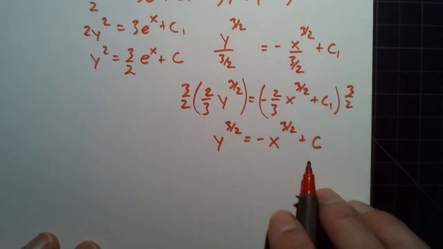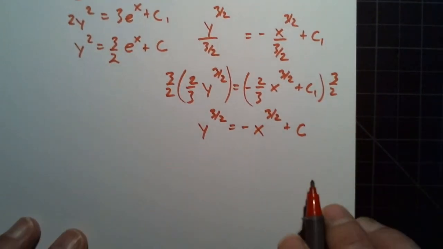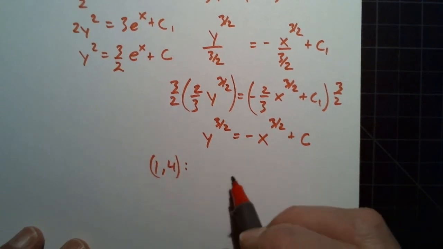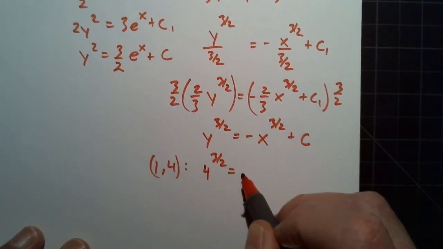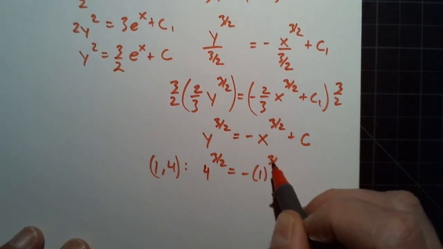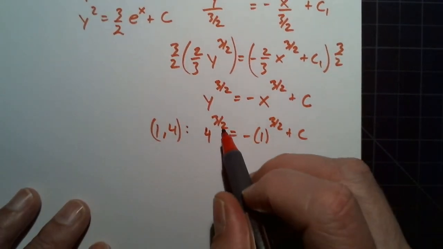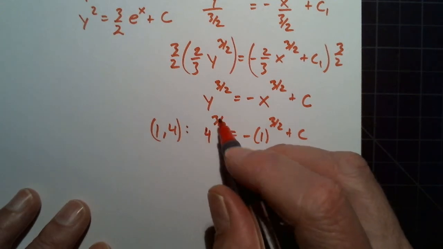Now we substitute. The initial condition is x is 1, y is 4. So at 1, 4, we'll have 4 to the 3/2 equals negative 1 to the 3/2 plus c. The square root of 4 is 2. 2 cubed is 8.